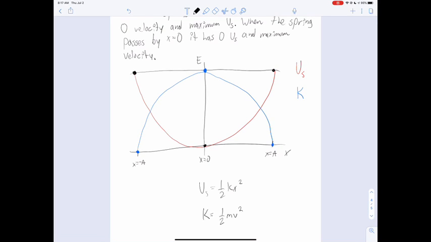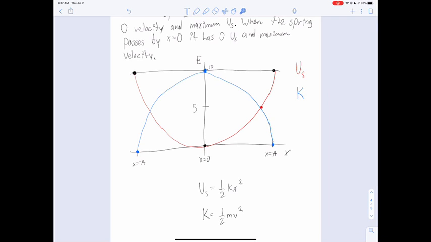Let's say the total mechanical energy is 10, and at that point the energy of each is equal to 5. Because total mechanical energy is the sum of kinetic and potential energy, you would add up the kinetic and the potential. At that point, kinetic is equal to 5, elastic potential is also equal to 5. So they add up to 10.